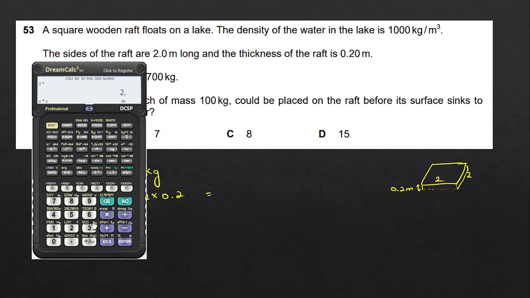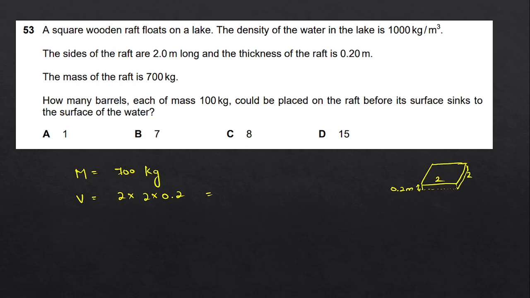Times 2 times 0.2, the answer is 0.8. The volume is 0.8 meter cube. Let's find the density of the raft. The density of the raft would be equal to 700 divided by 0.8.